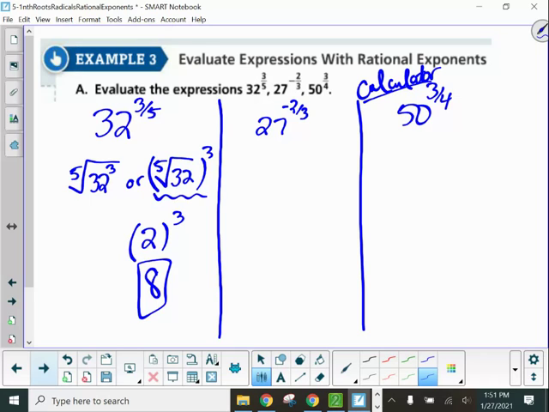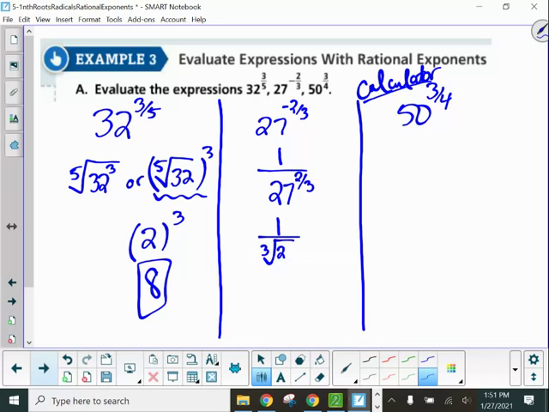The middle one, very similar. We do have a negative exponent, so I do have to rewrite that. Negative exponent means you flip your term, so this 27 to the 2/3 power moves to the denominator. And it's going to be easier to think of this as the cube root of 27 and then the result squared, rather than squaring the 27 and taking the cube root.